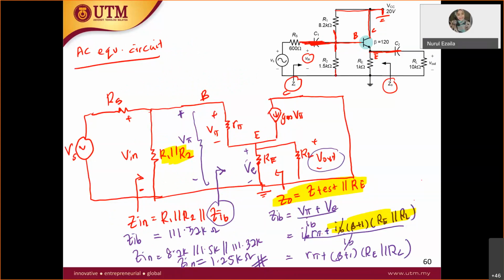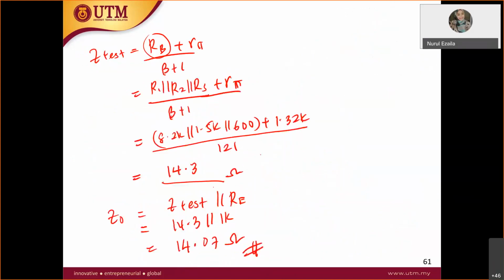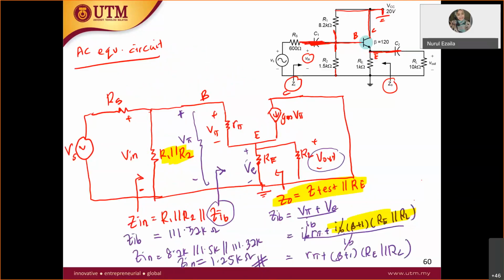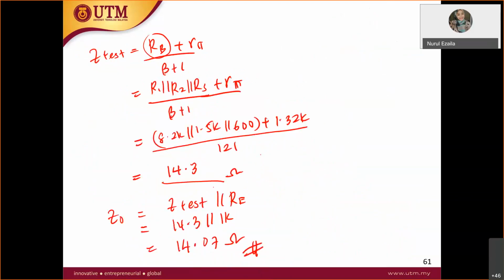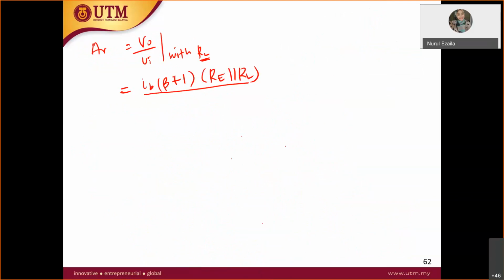It is not V pi, it is V total here. Therefore V pi plus VE, all the things over here. So V in is equal to V pi plus VE, which is IB R pi plus beta plus 1 IB, and in this case RE parallel with RL.